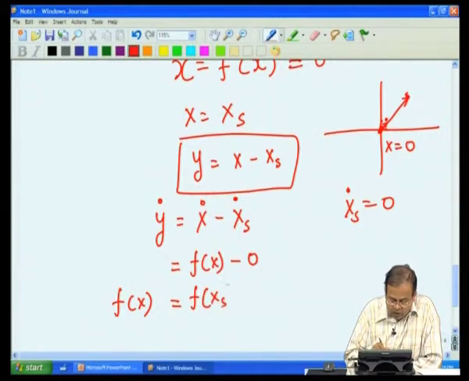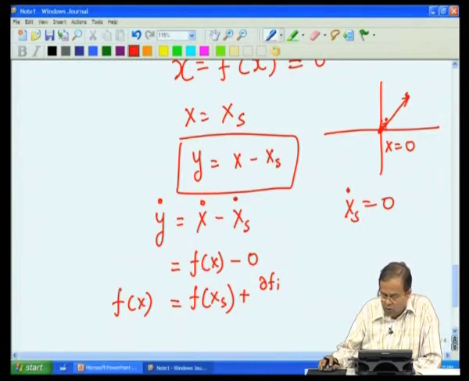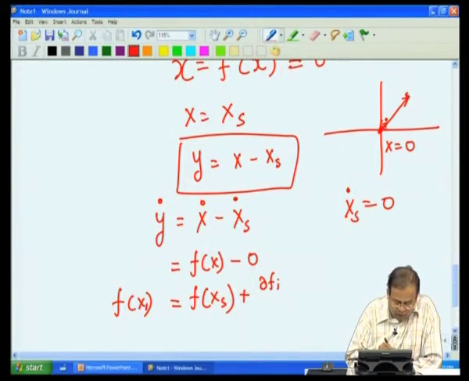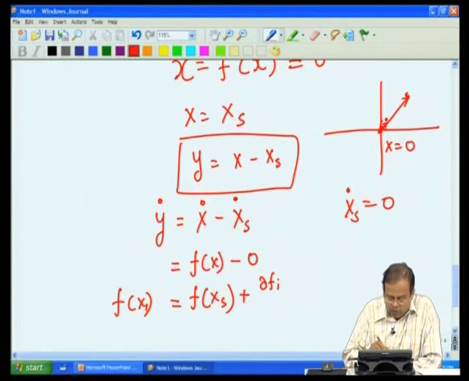So, this will be f of x s plus, remember x is an n component quantity, so I will have terms like del f i, or let me write it for f 1, to begin with.